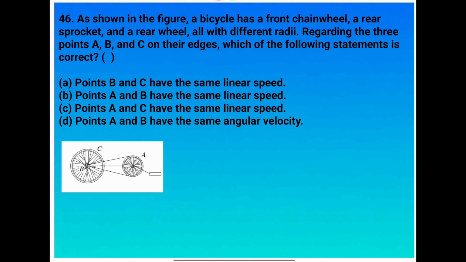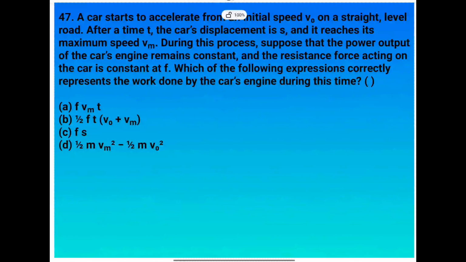But point B and point C are far from each other, having a distance of r, suppose. So the linear velocity at point B will be different from the linear velocity at point C. So according to this, option B is correct, that is, point A and B have the same linear velocity or linear speed.